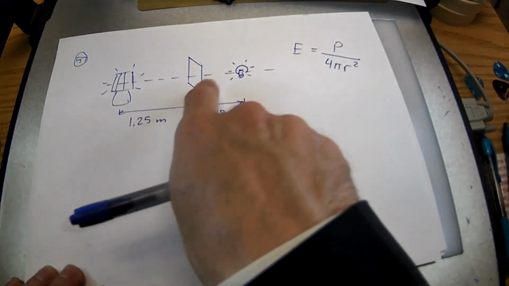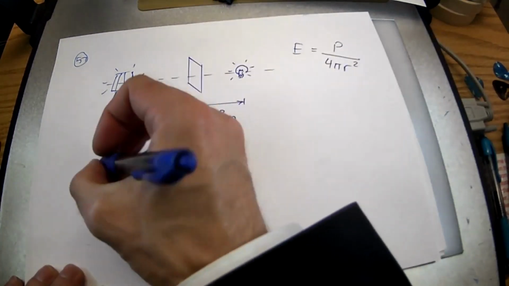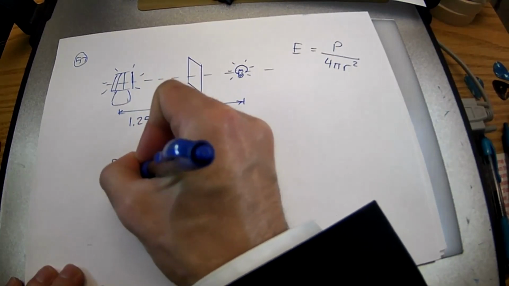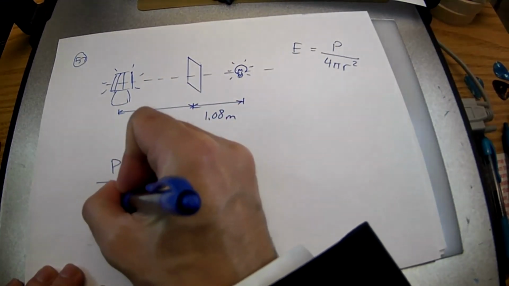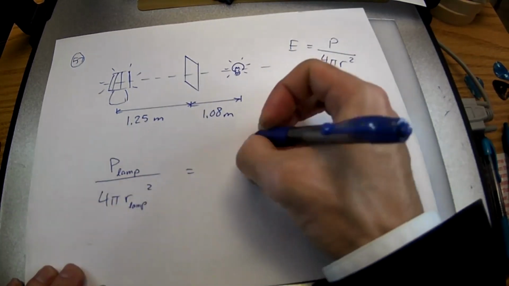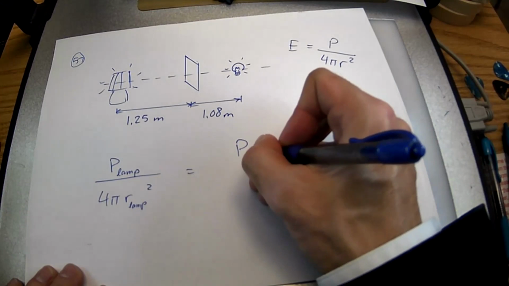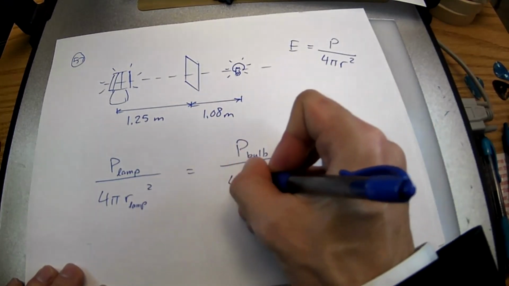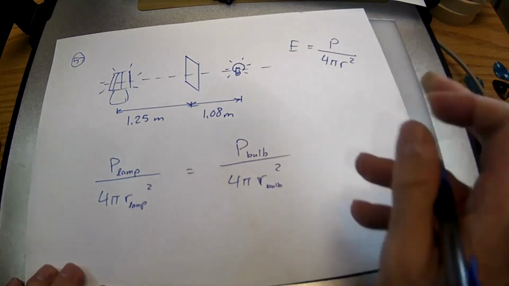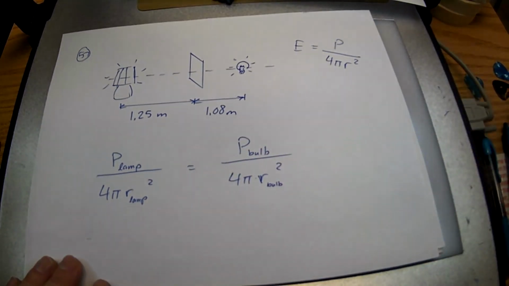So E from the lamp is equal to E from the bulb. So luminous flux from the lamp divided by 4 pi r lamp squared is equal to luminous flux from the bulb divided by 4 pi r bulb squared.